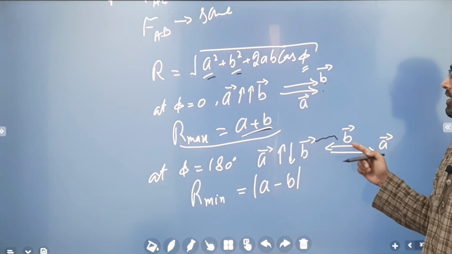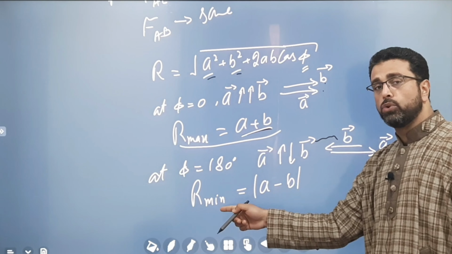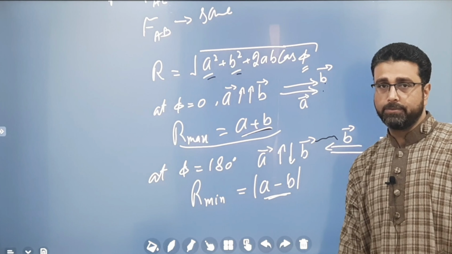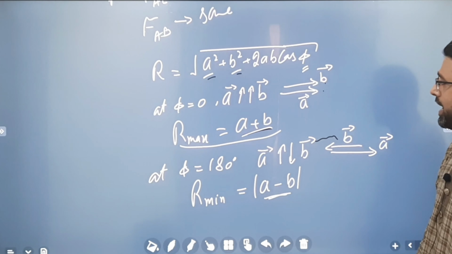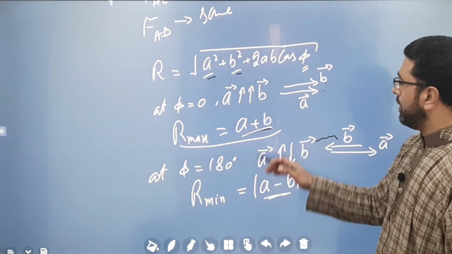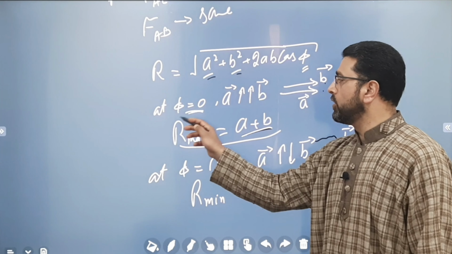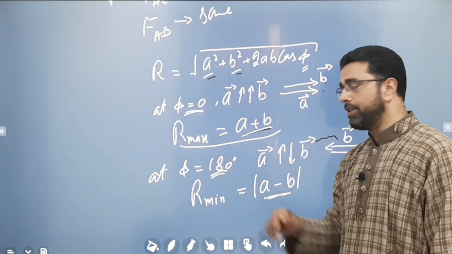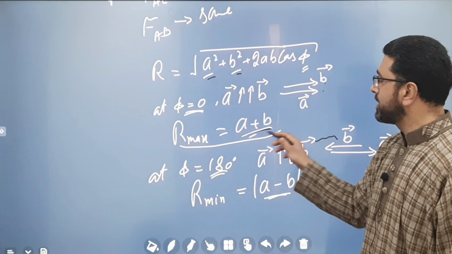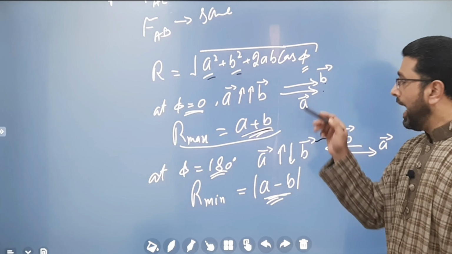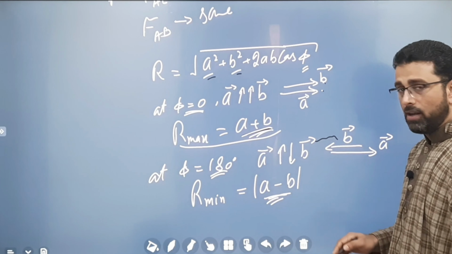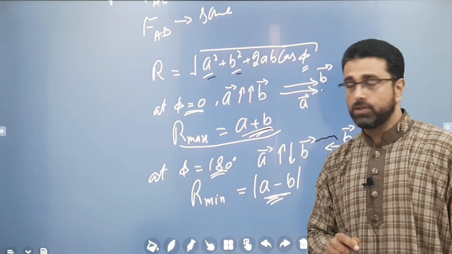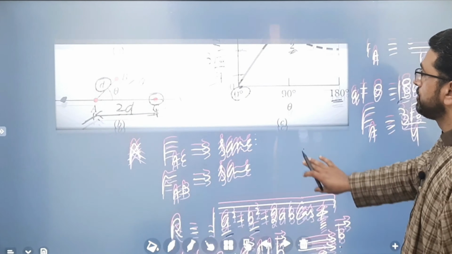And when two vectors are in opposite directions, magnitude of the resultant is minimum, which is equal to A minus B. So as you take the two vectors from 0 to 180 degrees, resultant goes from maximum to minimum. At maximum, the two vectors are parallel, in the same direction, and at minimum, the two vectors are in opposite directions. Now apply that here.